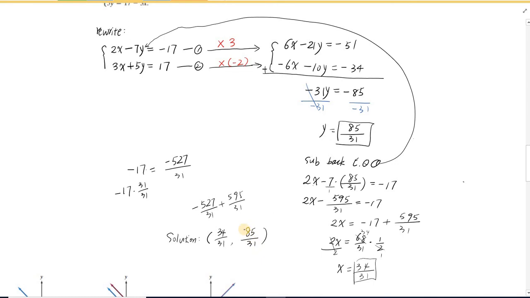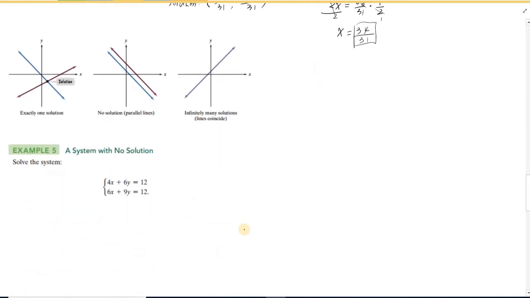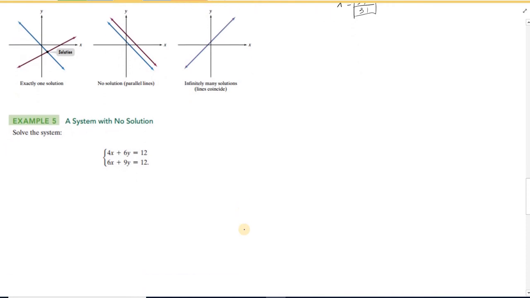Alright, let's go ahead and move on. So here we have a few graphs. If you look at this graph, anytime you have a system, you can pretty much check your answer by using your graphing calculator. If two lines intersect, two linear equations, which is a system of equations, then that means there's exactly one solution because they only intersect one time.